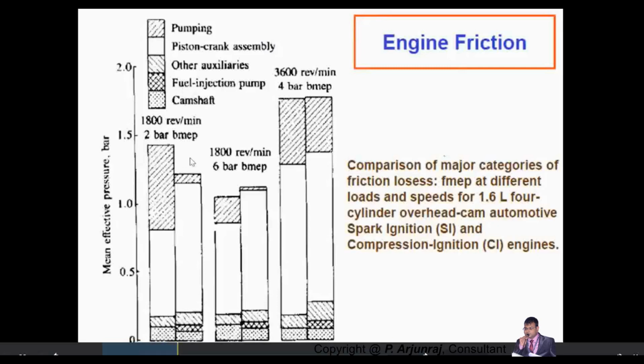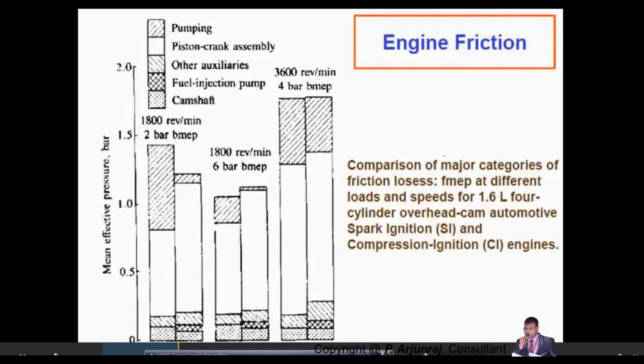So this is the scenario in the case of 1800 RPM and 2-bar brake mean effective pressure. And when you're considering 1800 RPM again, the pumping loss is going to be higher in the case of gasoline, and the piston crank assembly mean effective pressure is going to be higher in the case of diesel.